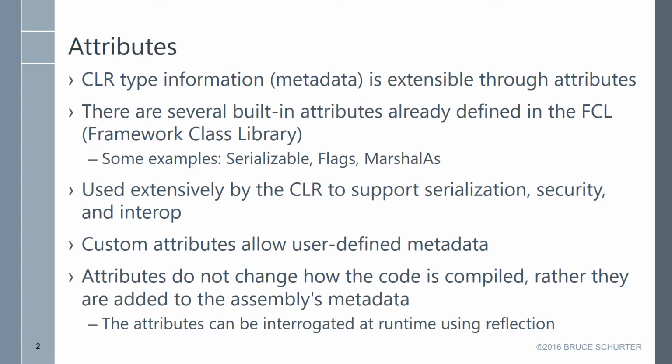Now, one thing to note about attributes is they do not actually change how the code that the attributes are applied to is compiled. They are simply added to the assembly's metadata. Only things that are interested in those attributes will actually query objects for them.